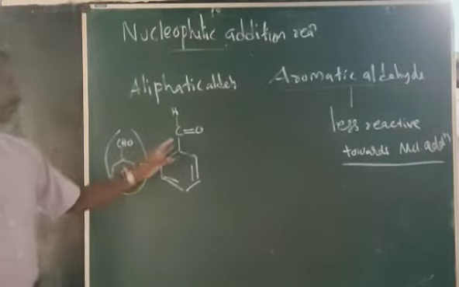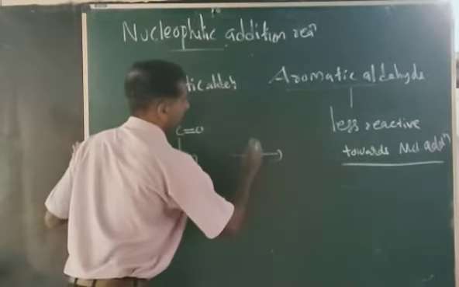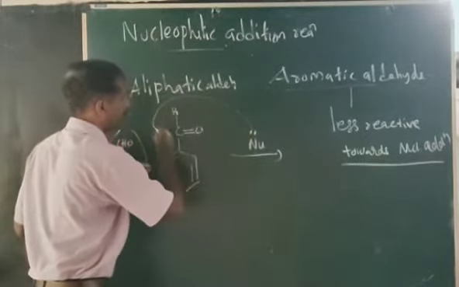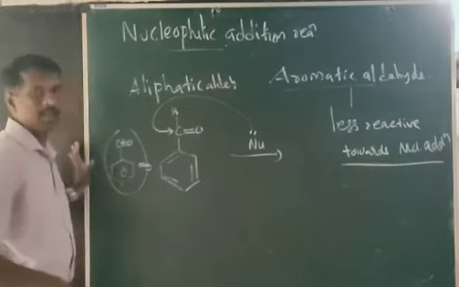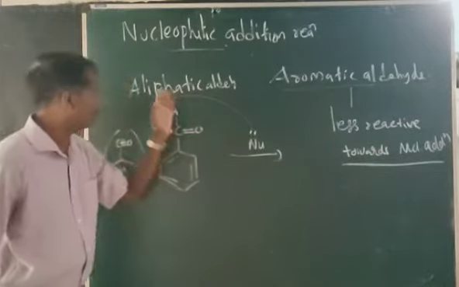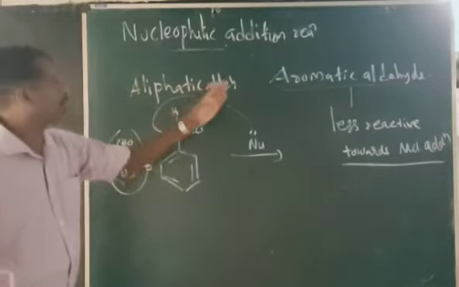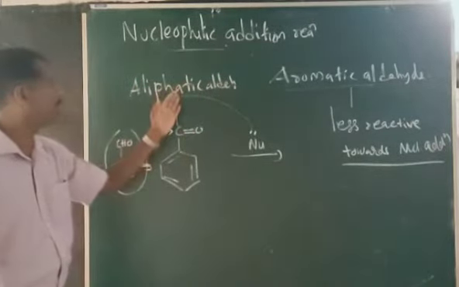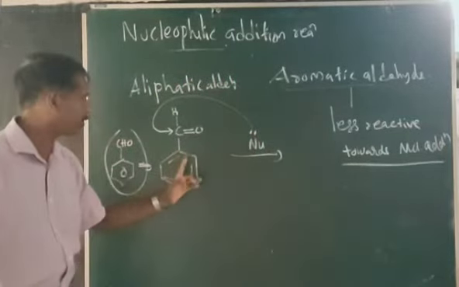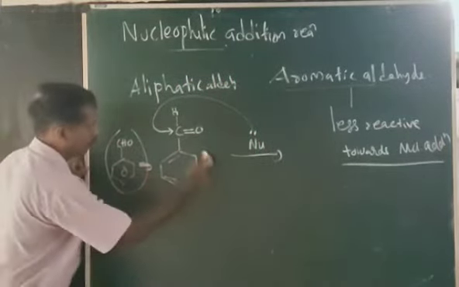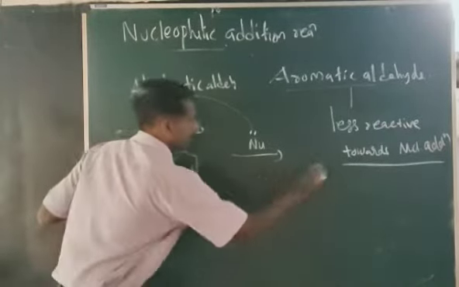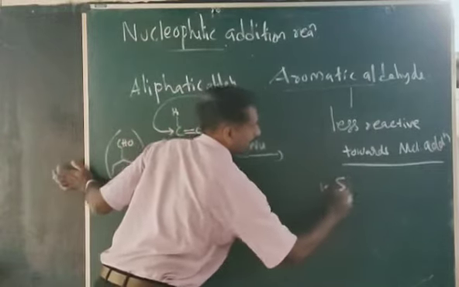Now the nucleophilic addition reaction means the nucleophile has to attack this carbonyl carbon. When you compare the reactivity of aromatic aldehyde and aliphatic aldehyde, aromatic aldehyde is less reactive. One factor is the presence of the bulky phenyl group. That means why less reactive? One is steric factor.